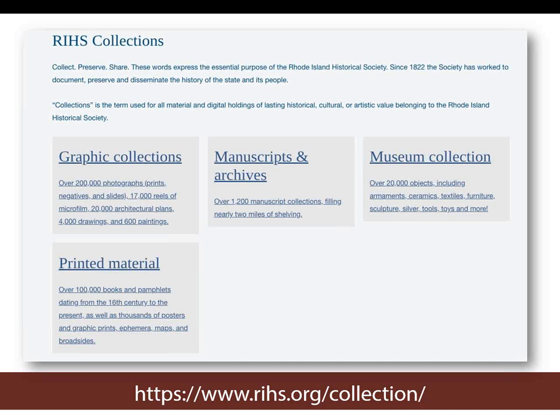So 17,000 reels of microfilm, that's huge. 1,200 manuscript collections. Now, a manuscript collection could be a single letter to a multi-box collection, okay? 1,200, very impressive. So there are going to be things there that might prove of interest to me, again, once we are open and allowed to go to places.